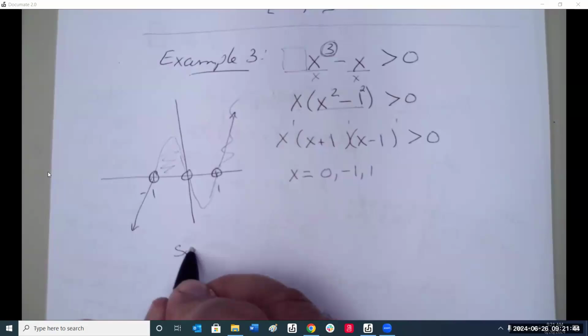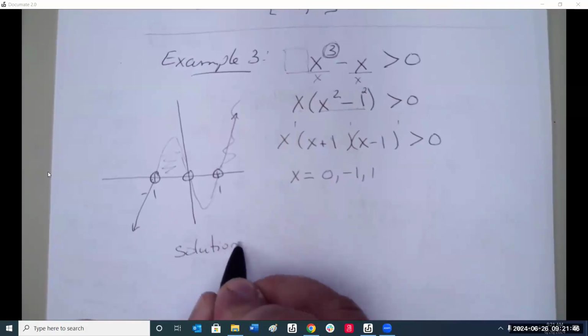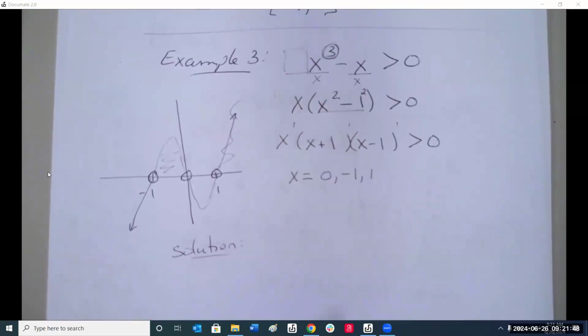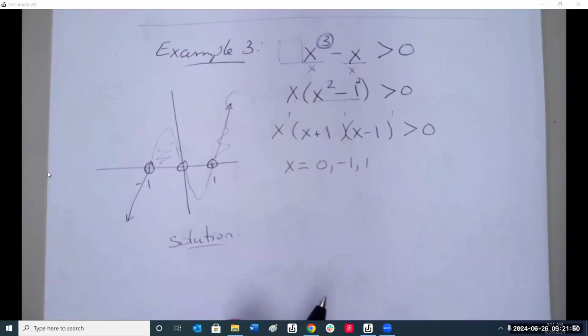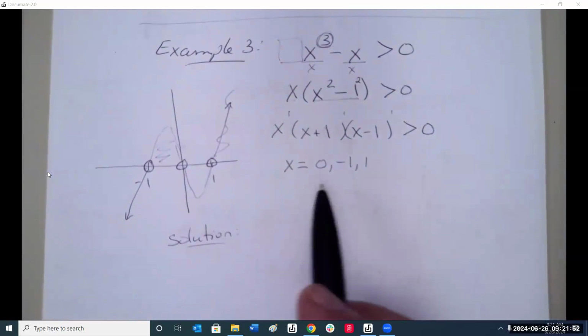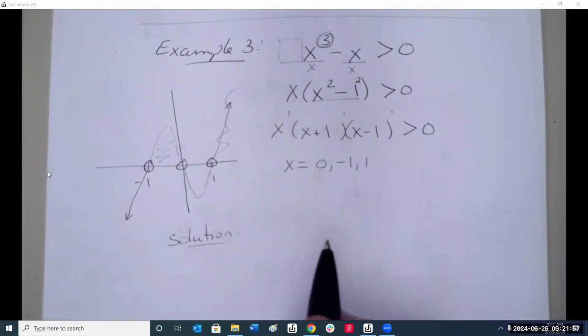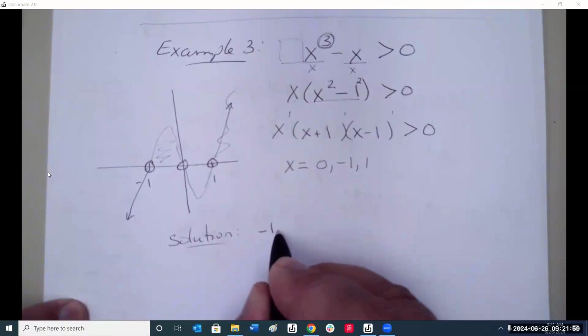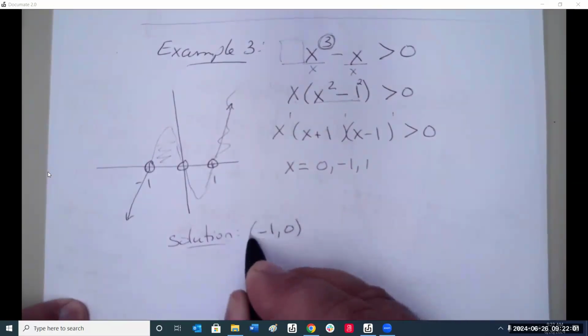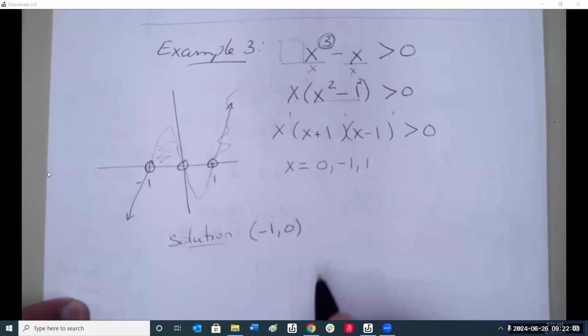So what's my solution? Remember, we're only looking for the x-axis, the domain. -1 to 0, and they're both parentheses because I can't use them.